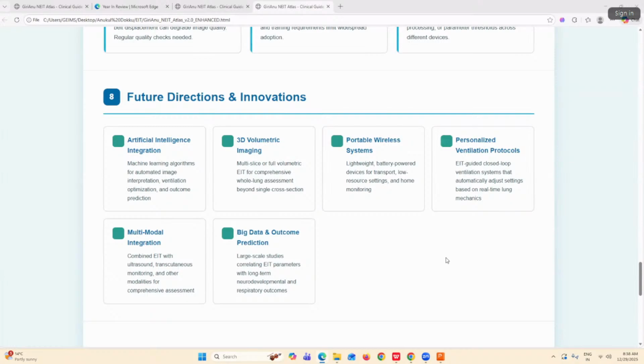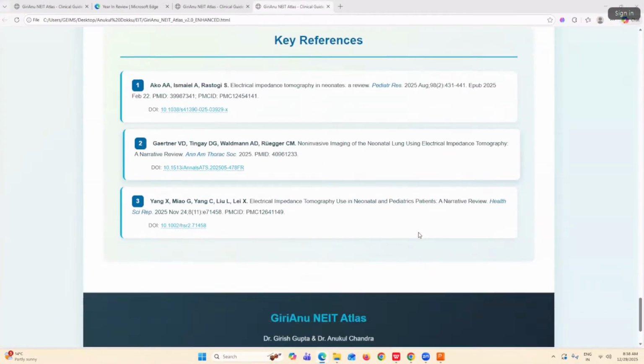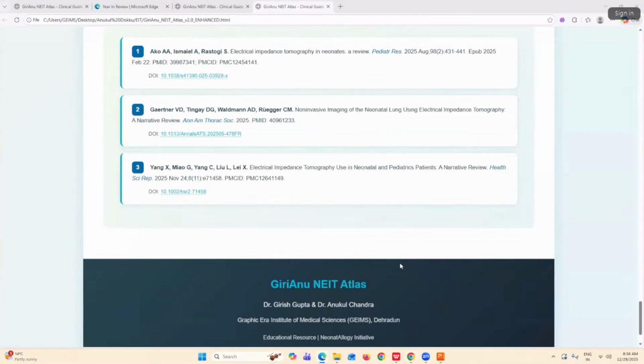Further, it can be enhanced to 3D imaging, and it can be developed into portable wireless systems, and then personalized ventilation protocols can be devised with this. Multimodal integration can be done, and again big data and outcome prediction with large-scale studies can be done using this. So these are the references. So thank you so much.